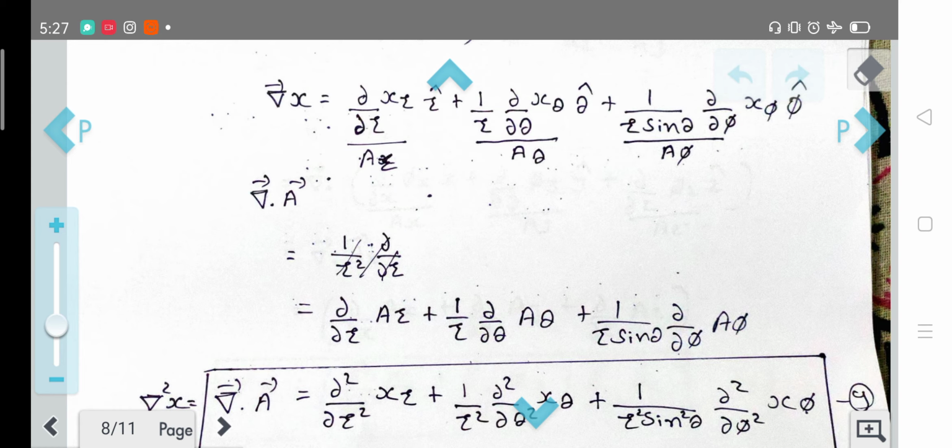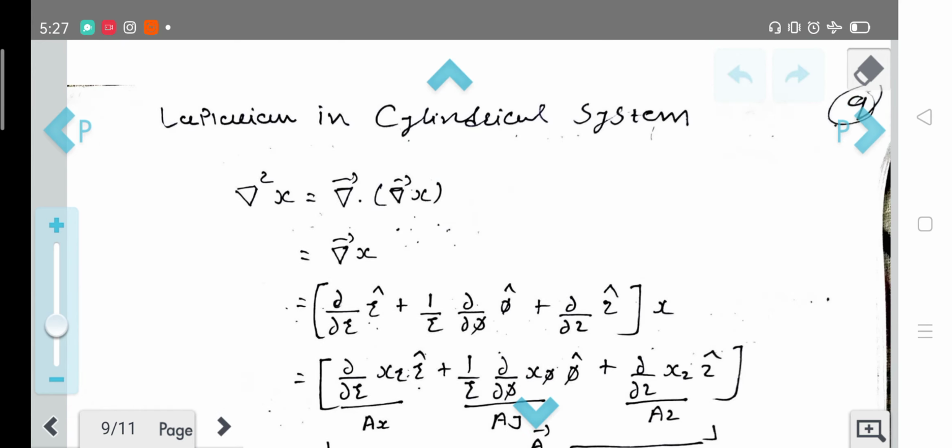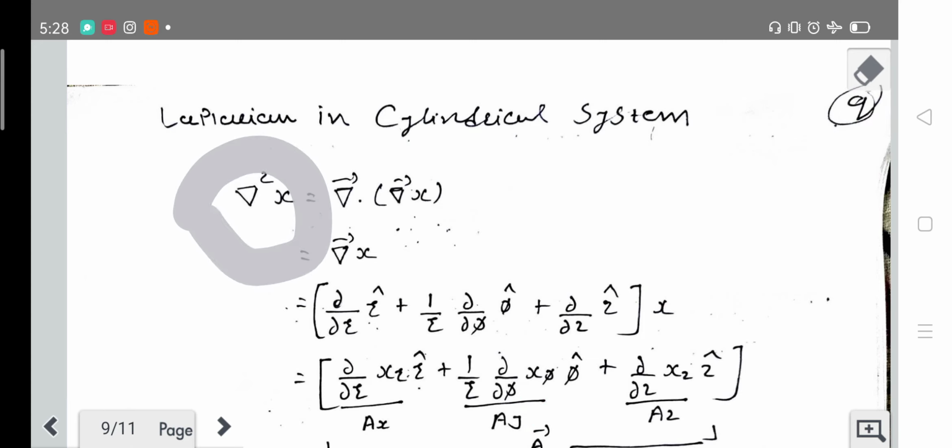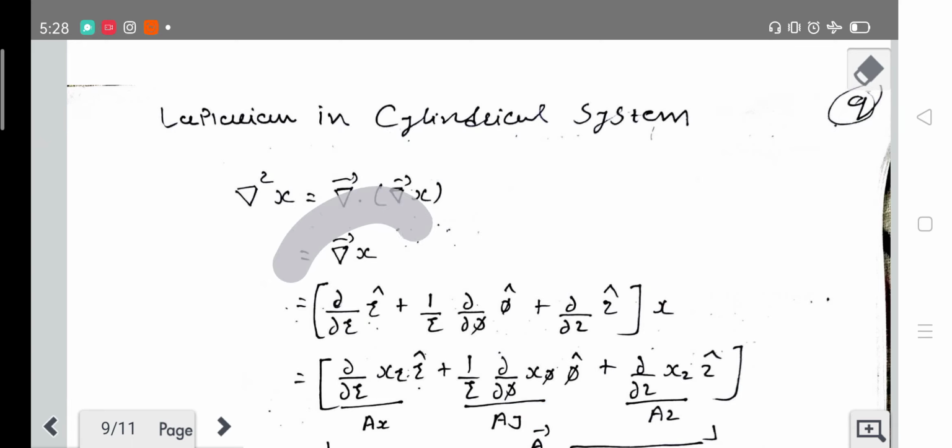Now let's talk about Laplacian in cylindrical coordinate system. In the cylindrical coordinate system, we are going to use the same method. Laplacian of x will be divergence of gradient of x. So let's find first the gradient of x.